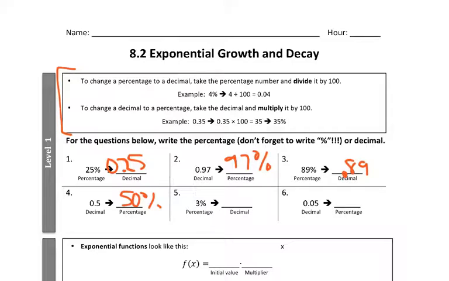You have to move the decimal to the right 2 places. The percentage 3% isn't 0.3, it's 0.03. And the decimal 0.05 is 5%. Be careful if you're using any tricks, and use your calculator if you need it.